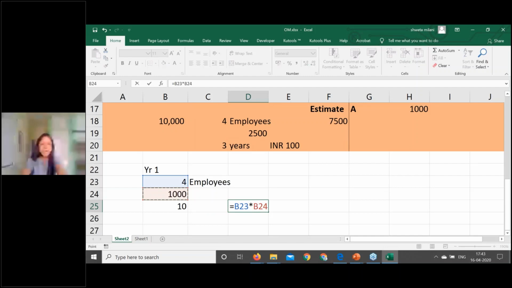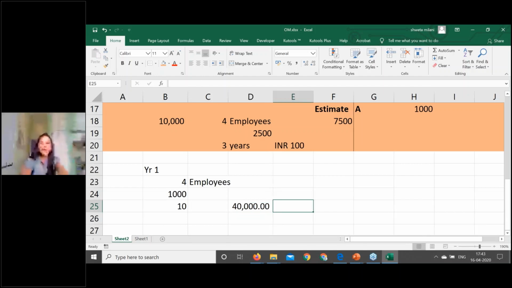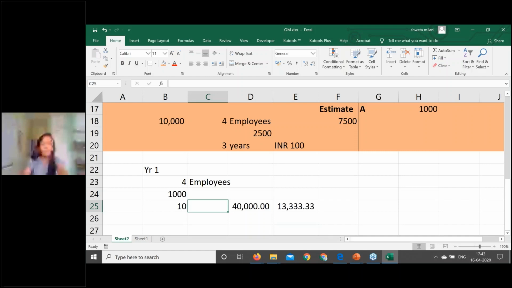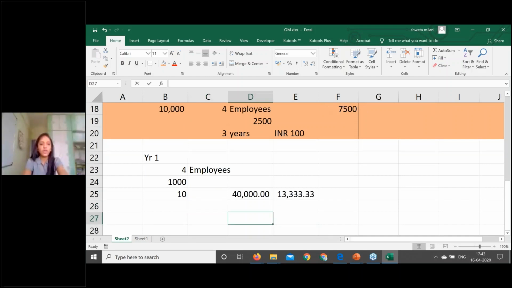So here the total cost for the entire 3 years is 40,000, and in year 1 I will debit only 13,333. But in year 2, one employee is thinking to leave the organization. Then how many options are left? So your options left are 3 into 1,000 into rupees 10.